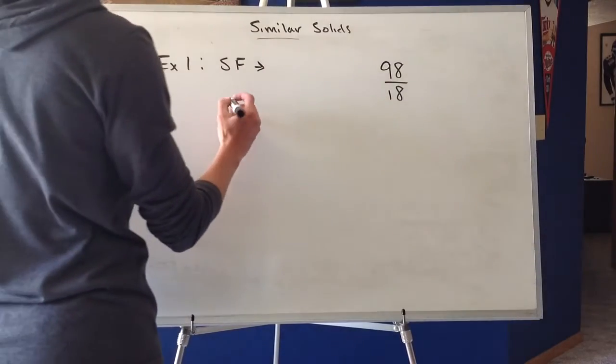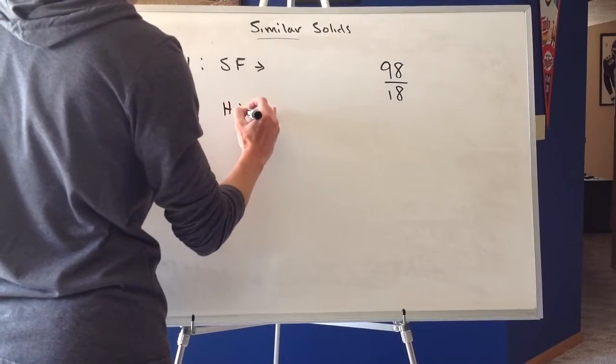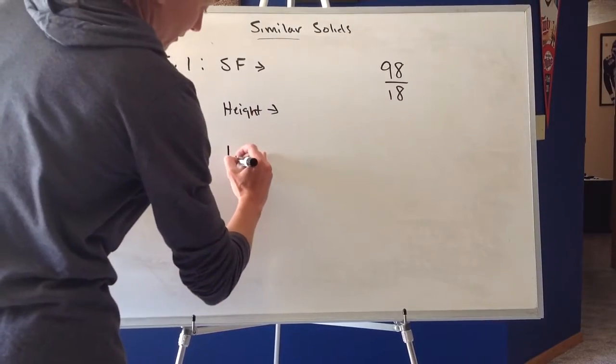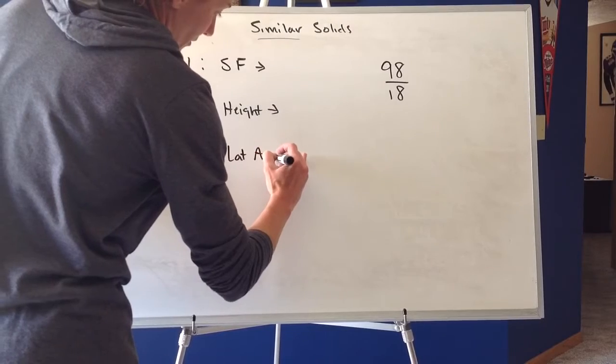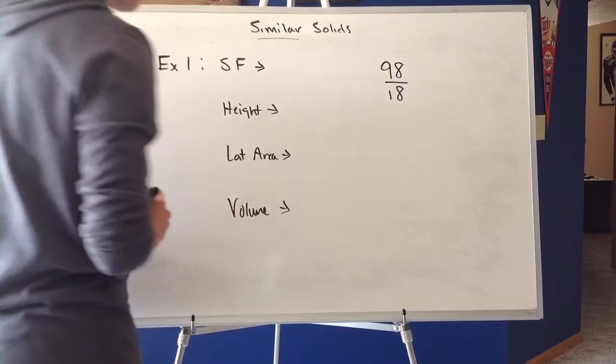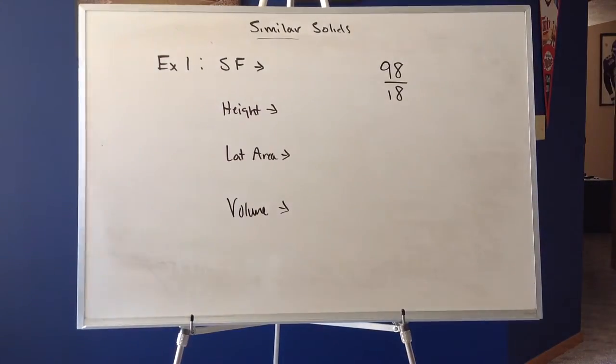Then they ask you for the ratio of the height, lateral area, and volume. And we want to see with numbers here how these relate to each other.